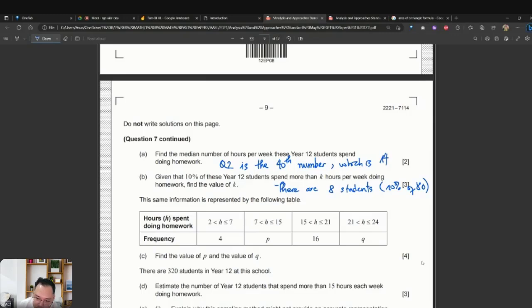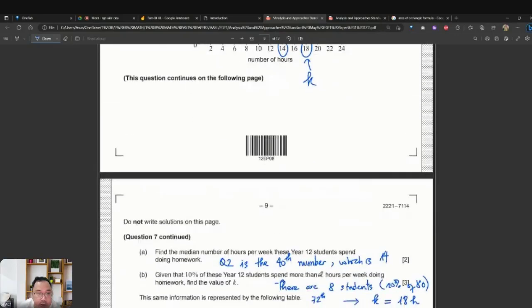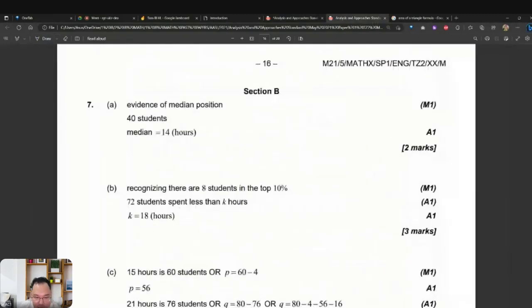And then mention the number 72 on the cumulative frequency, and the value of K is 18 hours. 1 mark for giving the number of 8 students. 1 mark for the number of the student on the cumulative graph, 72. 8 students in the top 10%. 72 students spend less than K hours, meaning students from 73 to 80 spend more than 18 hours.